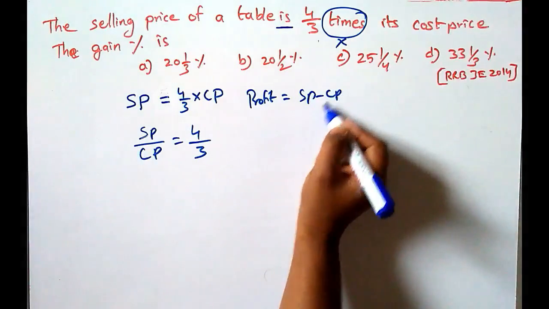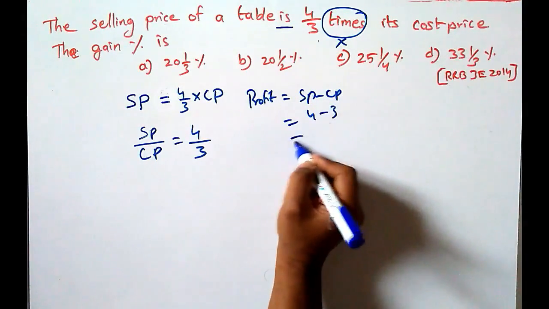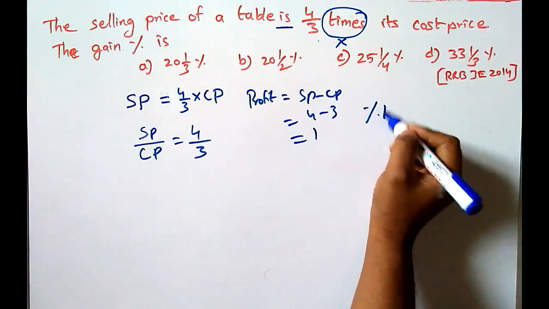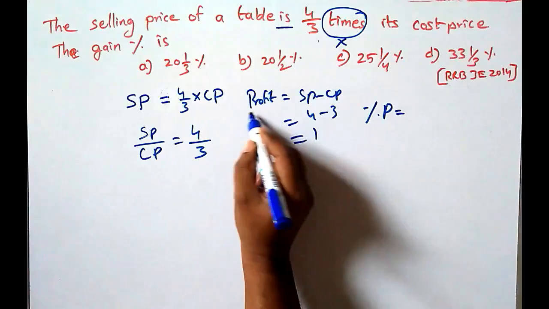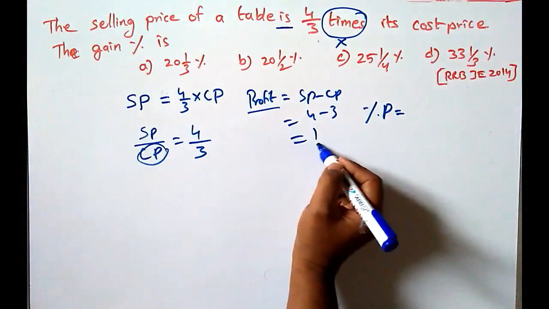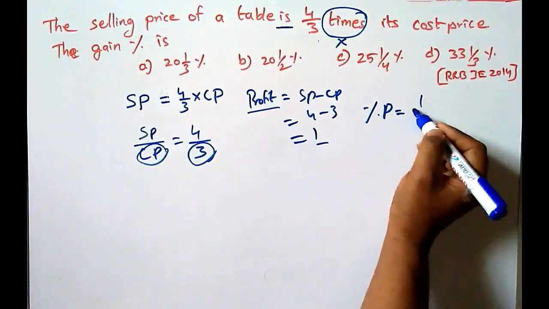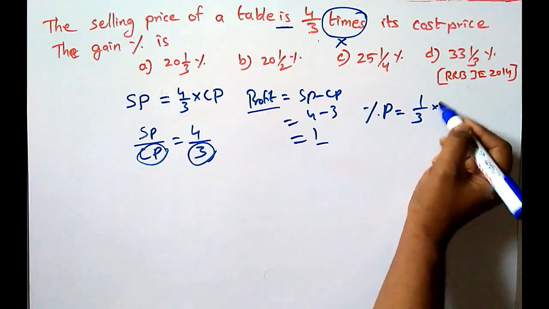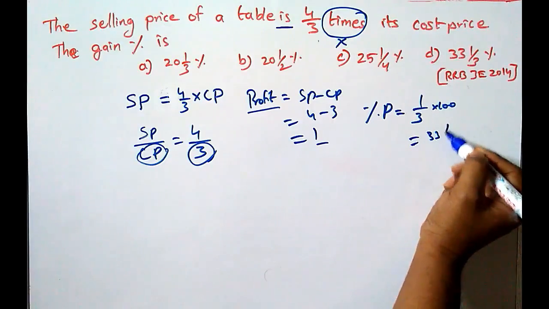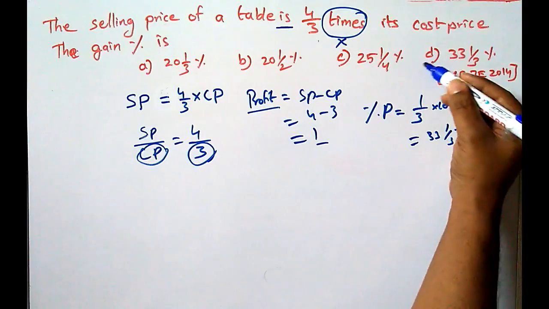SP minus CP, that is 4 minus 3, that is 1. From this, I can develop the profit percentage. Profit percentage is nothing but profit divided by cost price, 1 divided by 3 into 100, which is nothing but 33 1 by 3%.